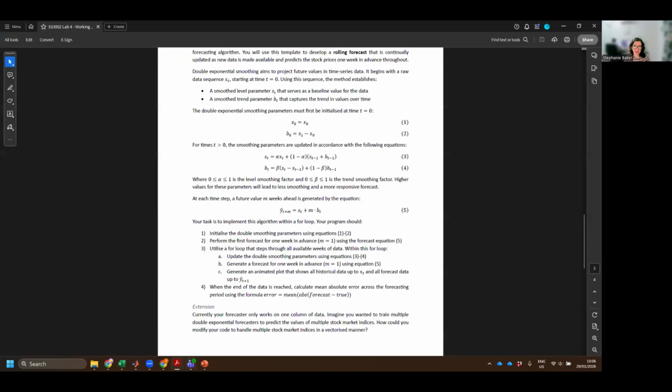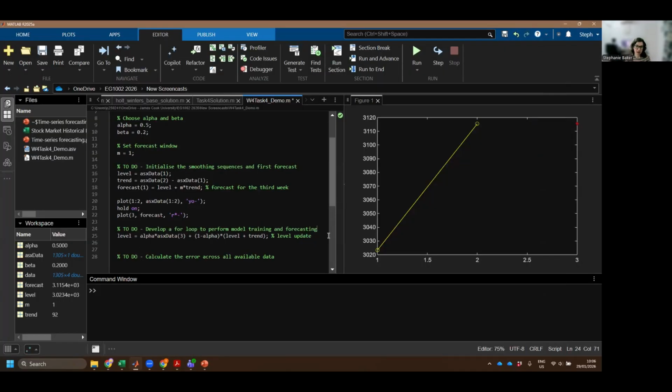Then our trend update uses beta multiplied by the difference between our 2 levels, so the most recent level and the one before that, and then also takes into account the trend before that. So this is where I was saying we'll actually need to create a copy of level before we destroy it. So I'll create that copy there.